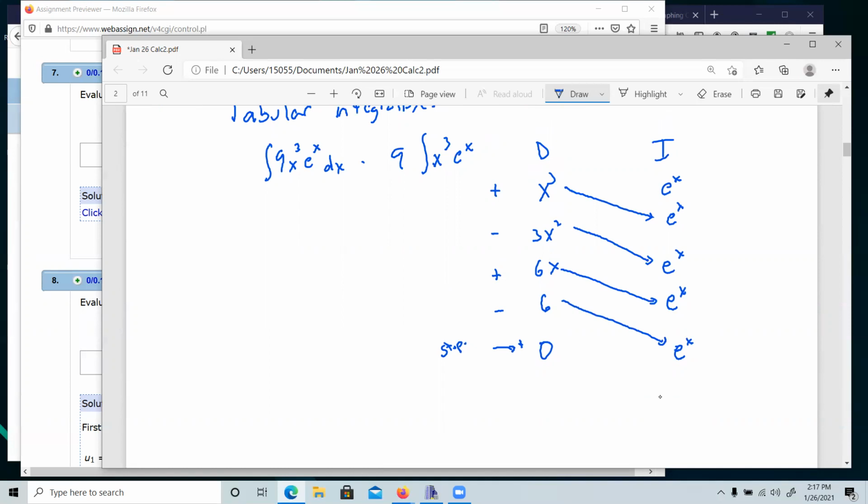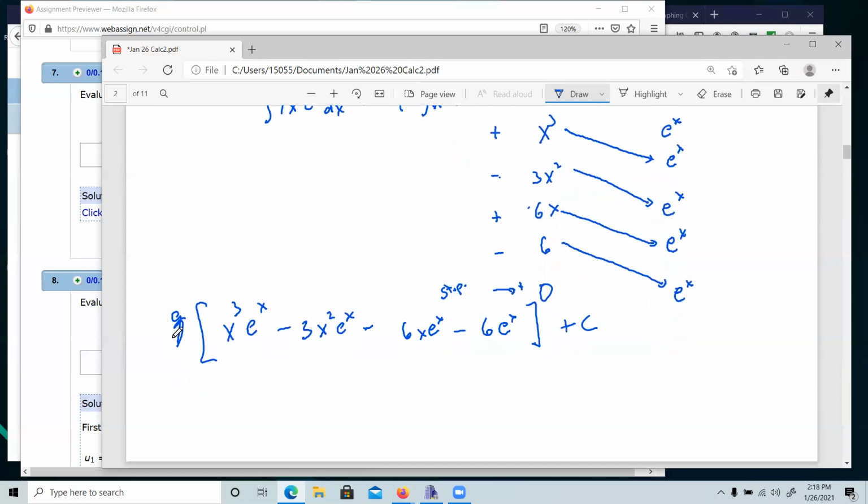There's a 9 out in front, so we have x to the 3 e to the x, minus 3x squared e to the x, plus 6x e to the x, minus 6 e to the x, plus c. Then we can just multiply this 9 through and be done with it.